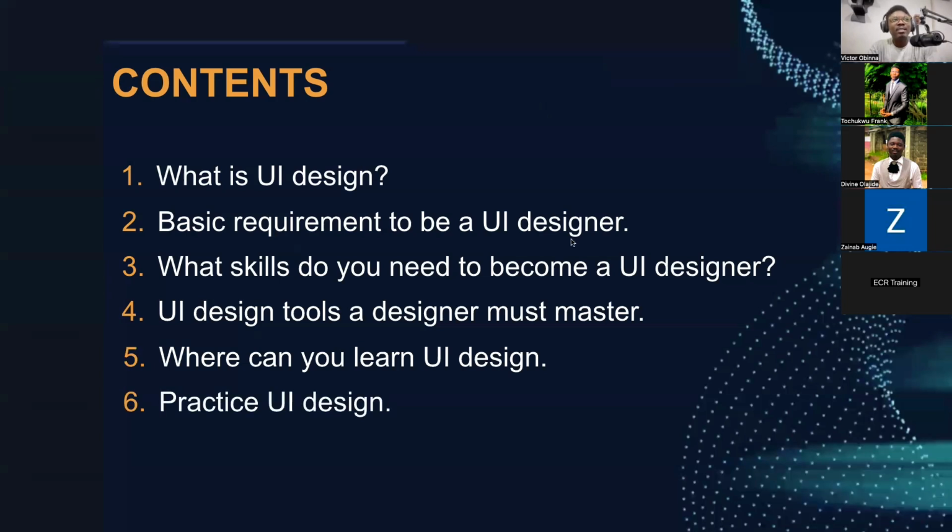Practice UI design. So if you notice, most of what we have today is based on user interface, user interface, user interface. Because we need to understand our user interface, then we understand our user experience, then we combine to be a product design. Do you understand? So these are all what we are going to be going through today. And then we will know how to balance that up.